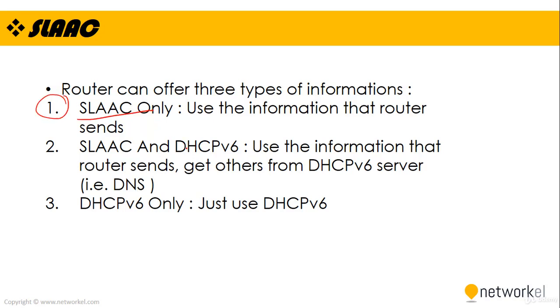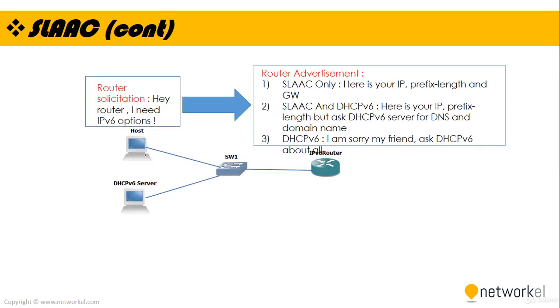In this option, the router offers to use only the information that the router sends. The second option is SLAAC and DHCP version 6. In this option, the router offers to use the information that the router sends and offers to receive the rest of the options from the DHCP version 6 server, for example DNS or something like that. In the third option, the router offers to use just the DHCP version 6 server. This is how SLAAC works.